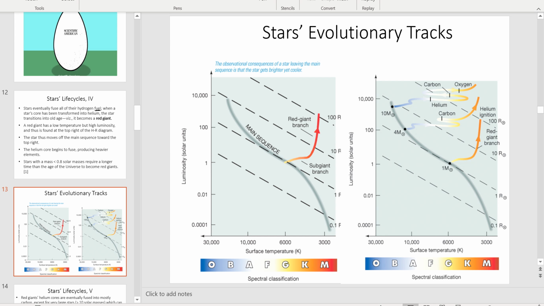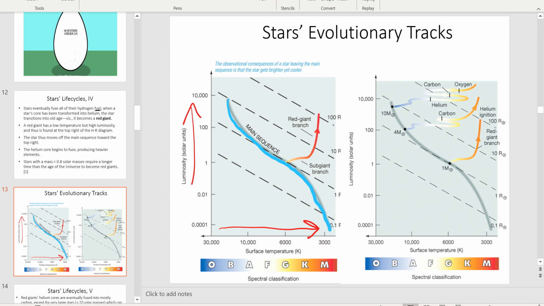So if we plot the stars we find in the universe by luminosity, where luminosity increases from bottom to top, and then by temperature, where temperature decreases from left to right, we end up with the HR diagram. The main sequence is this S-shaped curve here, and these are typical middle-aged stars like our sun that have become adults, so to speak, in the stellar sense, and are in hydrostatic equilibrium.